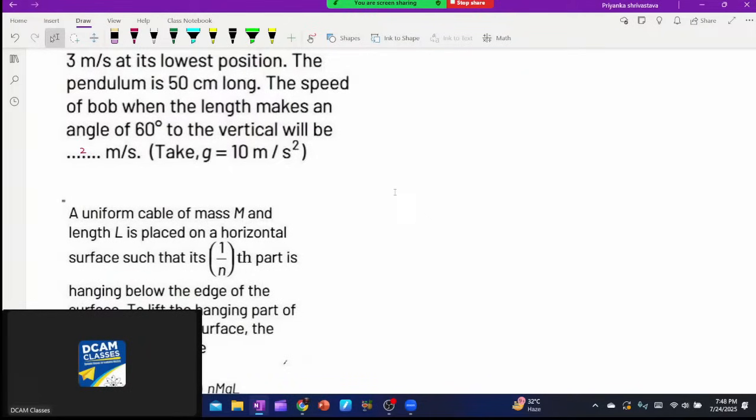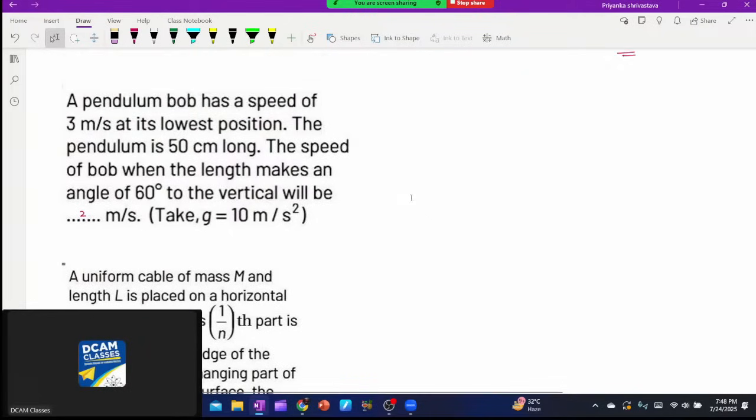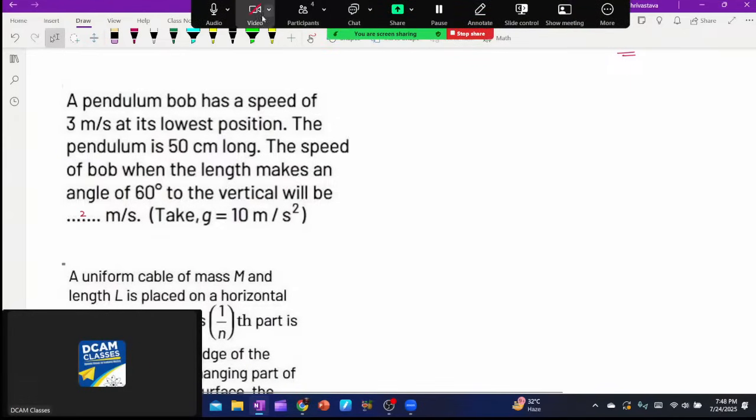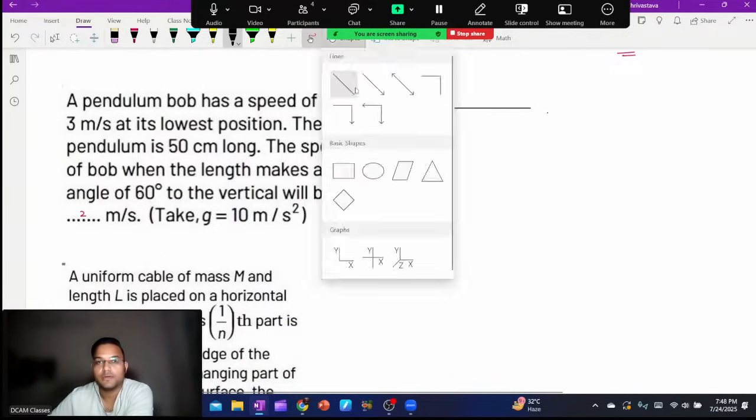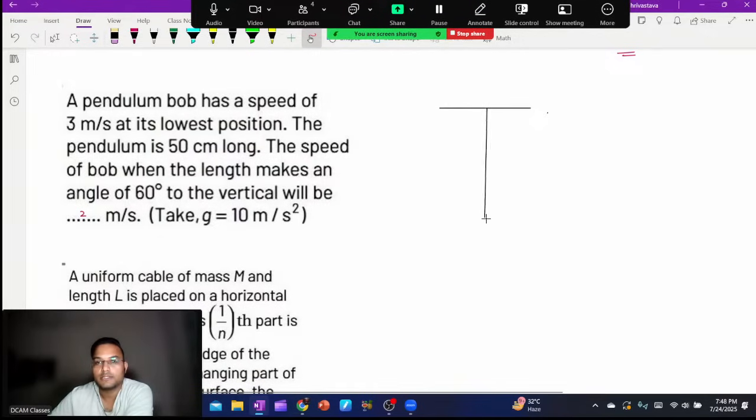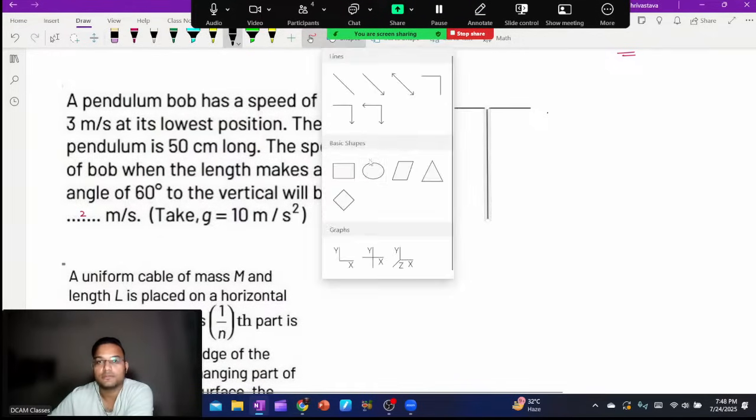See, actually, the situation is a pendulum bob has a speed of 3 meter per second at the lowest position. Let me draw it. This is the pendulum bob. It is 3 meter per second at the lowest position.